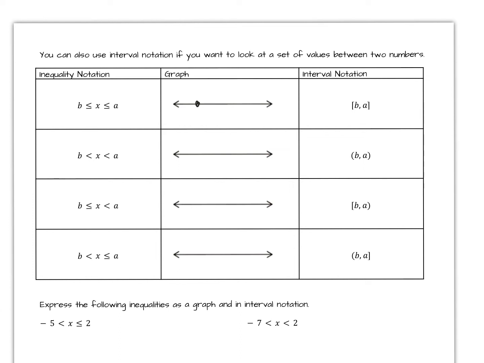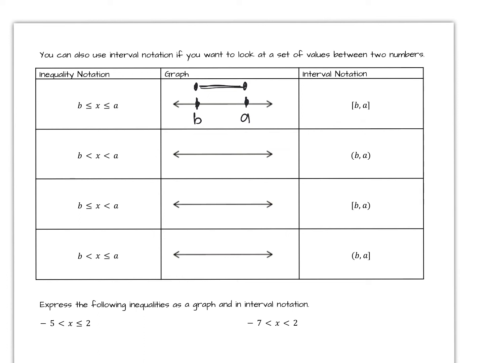On the number line, b is on the left and a is on the right, because that's how they appear in the inequality, and they both get closed circles because they're equal to, and then x is between them. In interval notation, the value on the left goes on the left side, the value on the right goes on the right side, and because they're both equal to, they get a bracket.